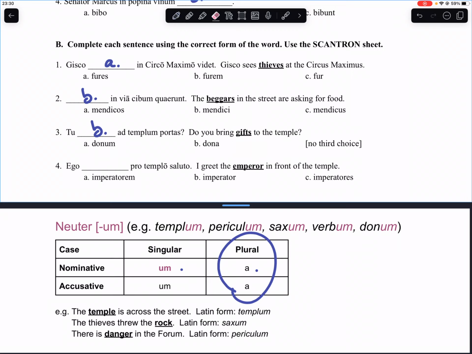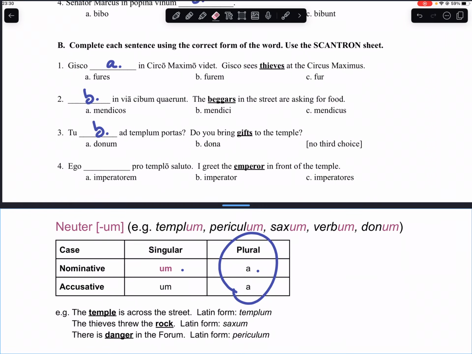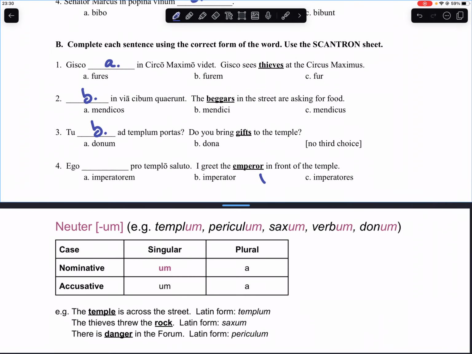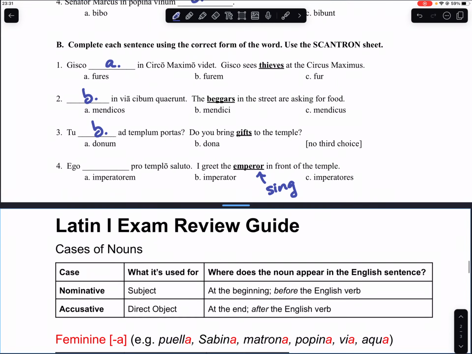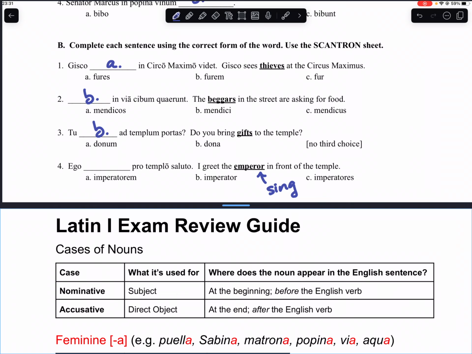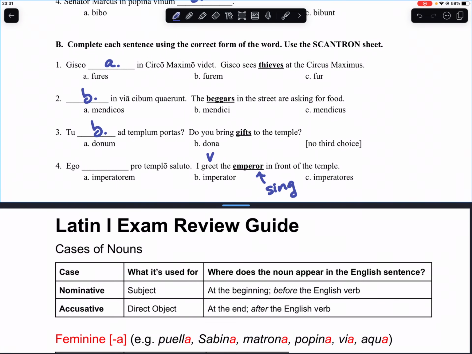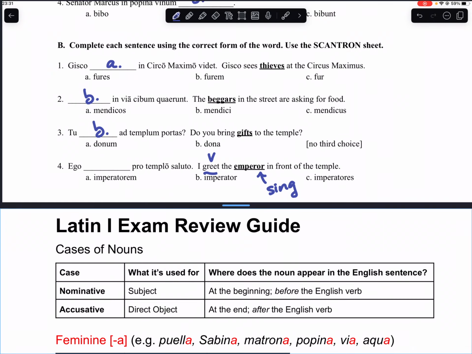And number 4, ego blank pro templo saluto. I greet the emperor. I know there's only one emperor there, so that's singular. Definitely singular form. And I have to think to myself, where is it? Is it coming before or after the verb? So if this is my verb, I know that this noun is coming after the English verb.